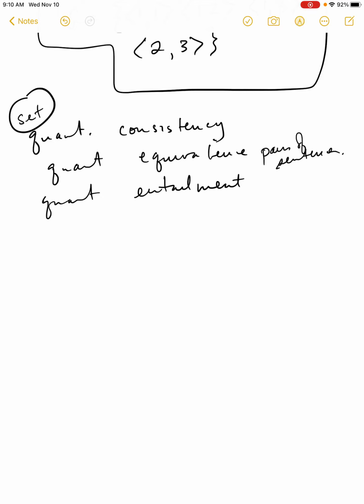And quantificational entailment, well, you remember the quantificational entailment was essentially a close cousin to quantificational validity. It's something that holds between a set of sentences and a sentence. We say that a set of sentences quantificationally entails a sentence if and only if there's no interpretation that makes the members of the set true and the sentence false.